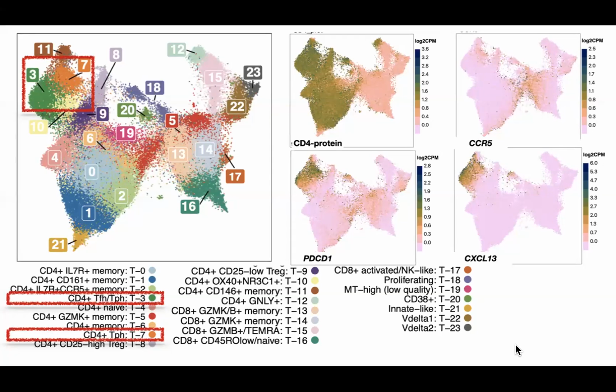Clusters 3 and 7 are the TPH cells. They're a PD1 positive population that's also negative for CCR5. T follicular helper cells are positive for CCR5.